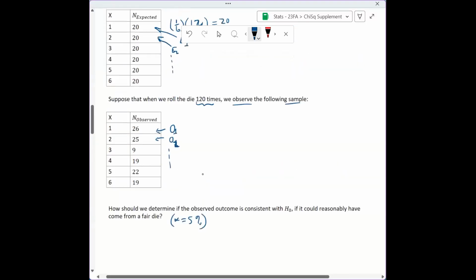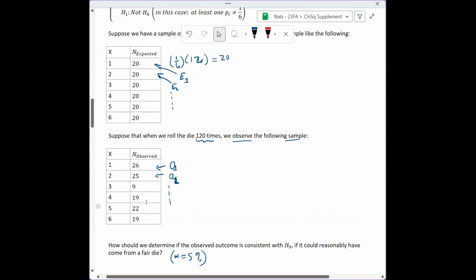Now, something that we might think of doing is looking at the difference between observed and expected. The bigger those differences tend to be, maybe the less confident that I am that it's a fair die, right? Certainly if I got like 100 ones and 0 of anything else, I'd probably be quite certain that die is unfair.